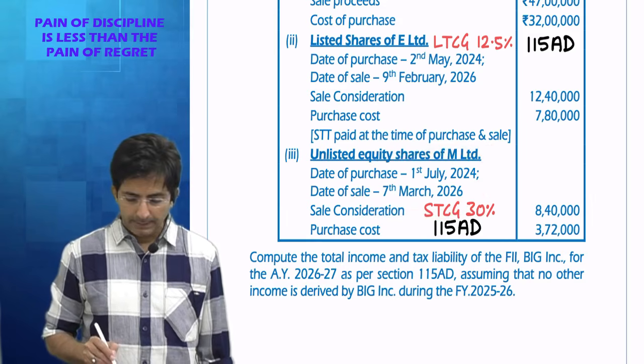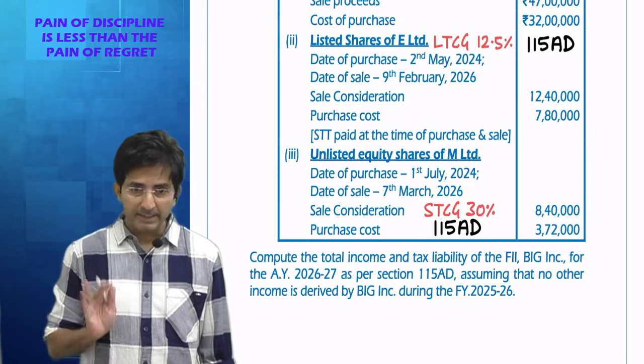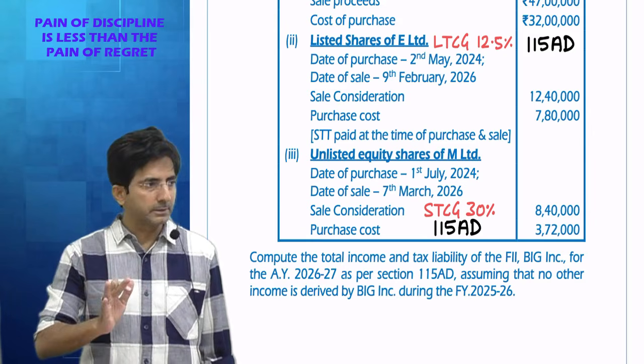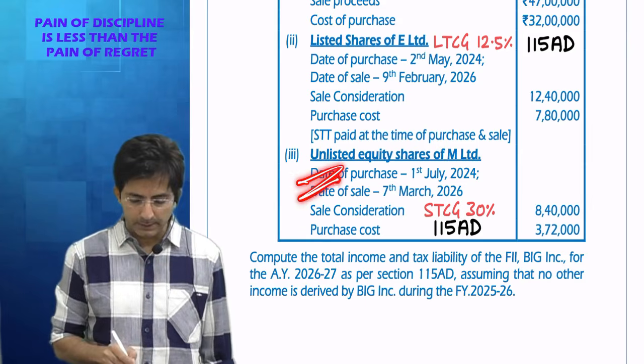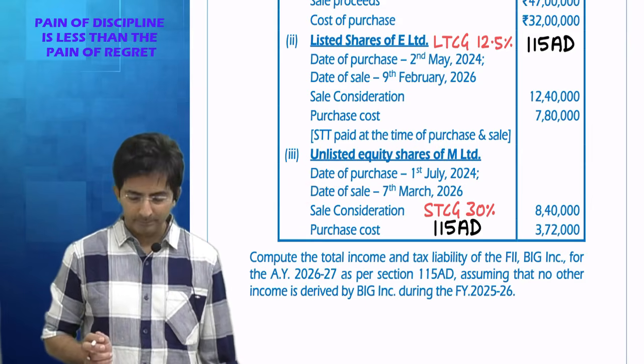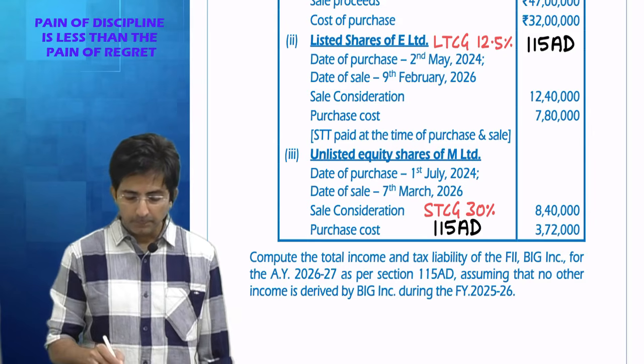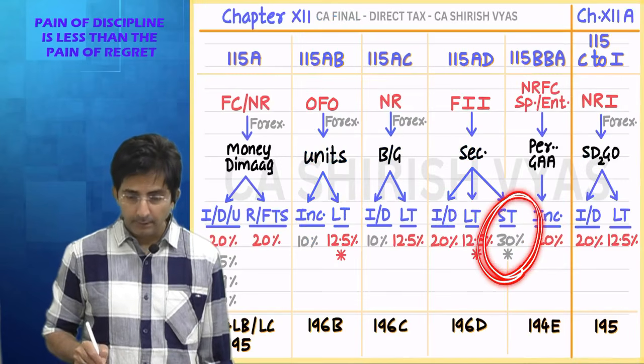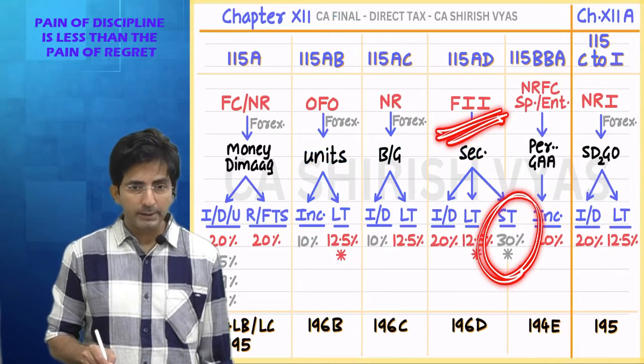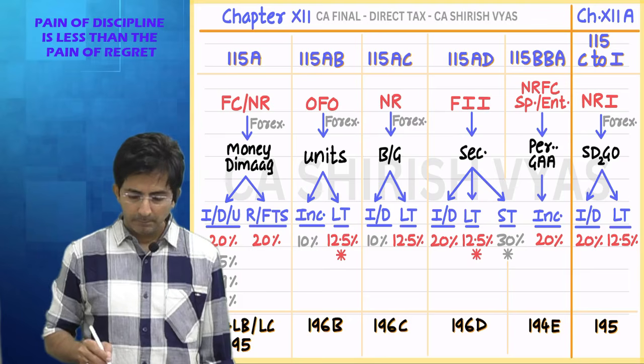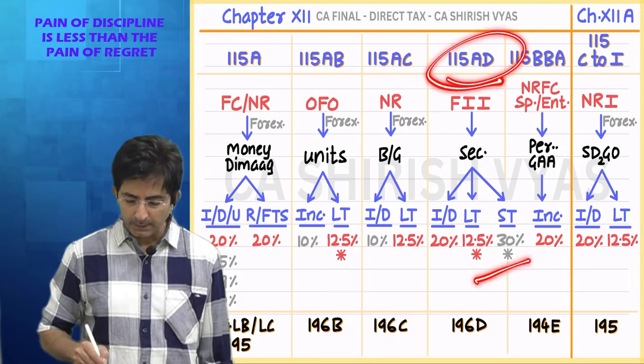And short-term, if STT paid, you take 20%. But this is not STT paid because it is unlisted. So 30% for FII. See, 30% is concessional for FII. Otherwise, FII being a foreign company, they would be taxed at 35%. But 115AD provides a concessional rate of 30%.